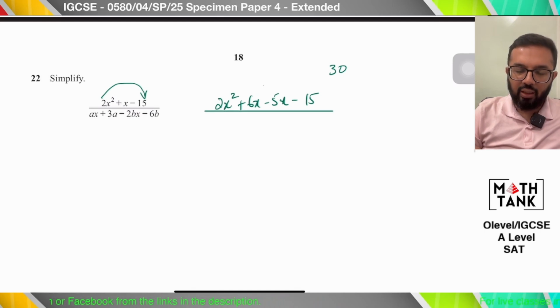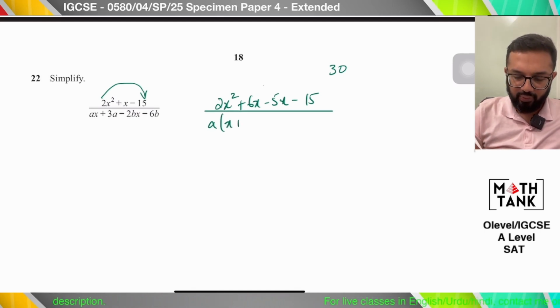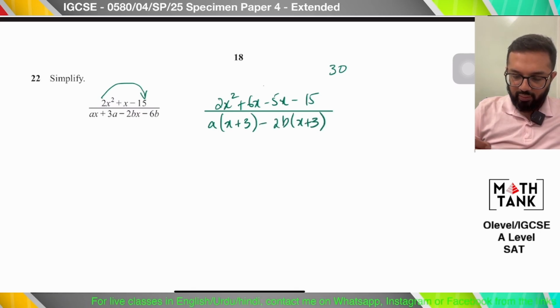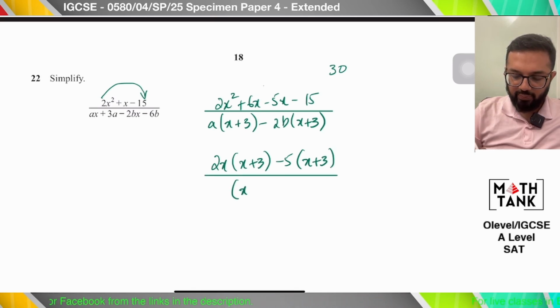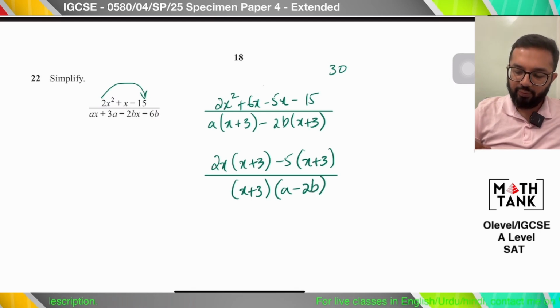And in the denominator, I have 4 terms. So that's factorizing by pairing. So in the numerator, I have 2x common. I have x plus 3 minus 5 times x plus 3. The denominator, I have x plus 3 as a common bracket, and a minus 2b as the leftover bracket.